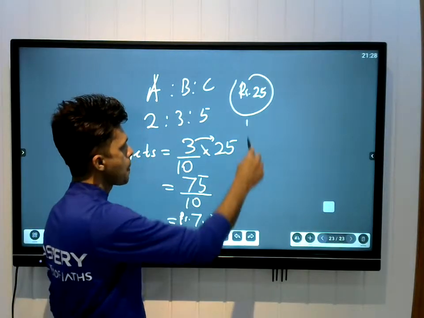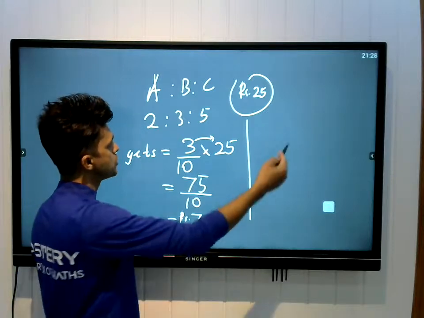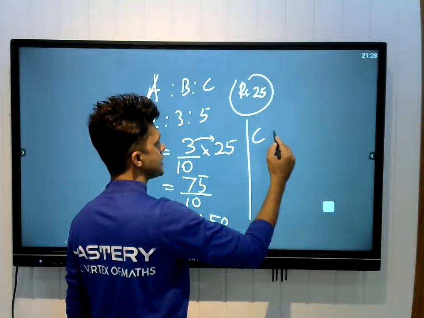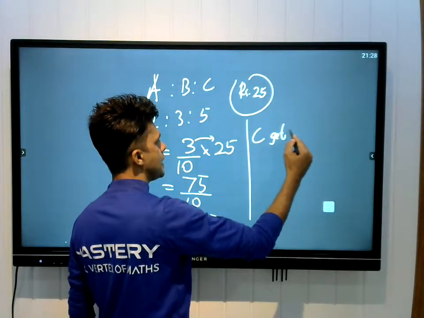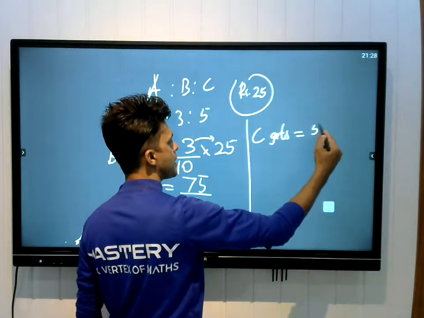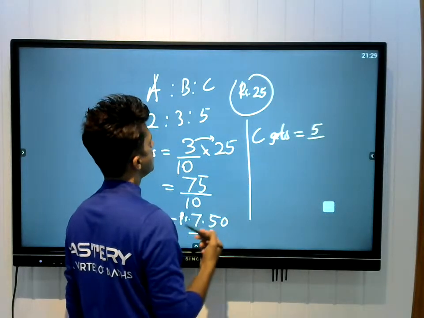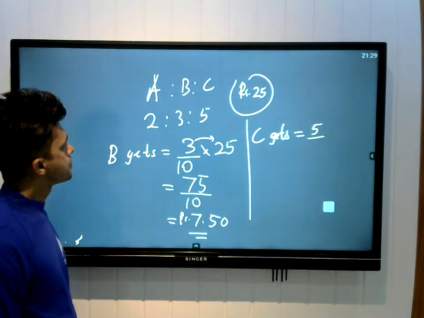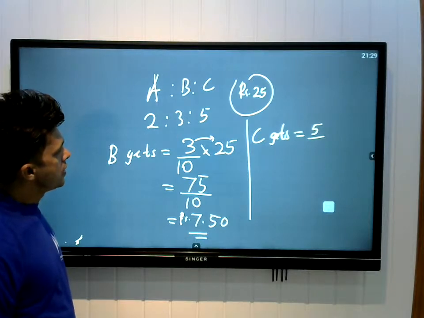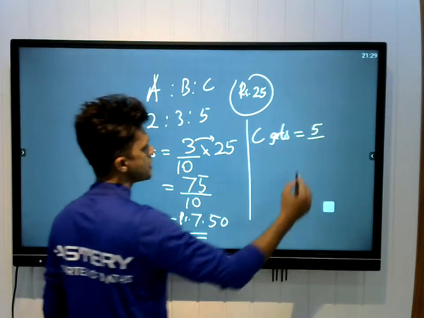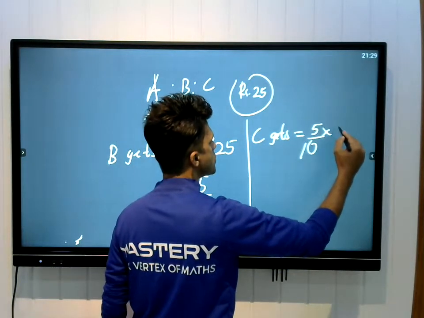Amount taken by C, let's use this space. C gets, when it is divided 10 rupees, here C gets 5 over 10 into 25.